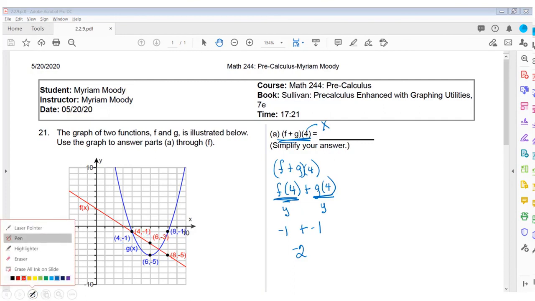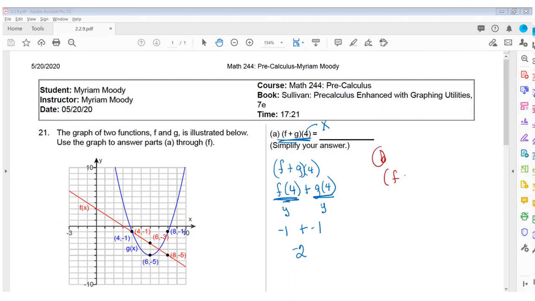All right, well, let's try another one. Okay, because some of you are like, kinda. Let's do f minus g of 8, which means I can do f of 8 minus g of 8. So again, f of 8. 8 is my x.